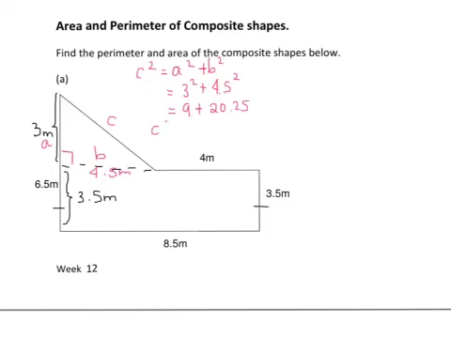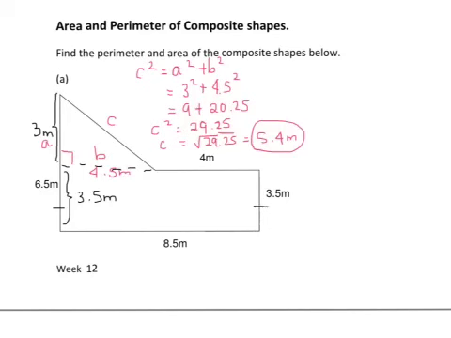So we've got C squared equals 29.25, and C is equal to the square root of 29.25, which is 5.4 metres, calculated to the nearest 1 decimal place.